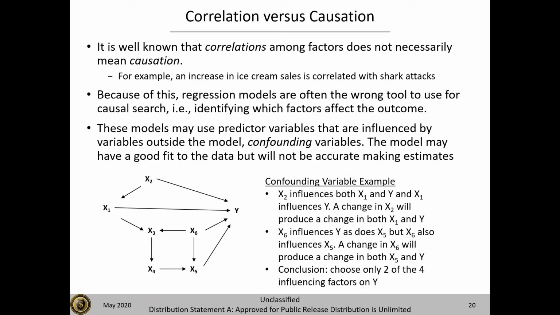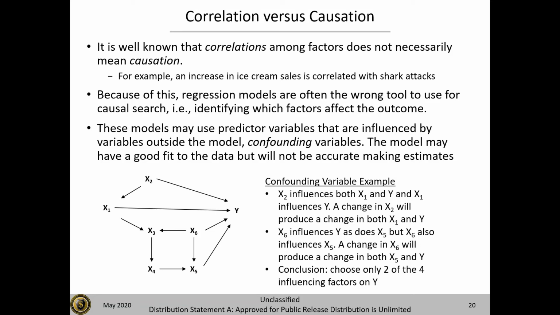Factor x2 has a causative relationship with both x1 and with y. So if we use both of those factors, x2 is double counted, if you will, because it not only has an impact by itself, but it also brings in the impact on x1. So we're double counting. So that might be a confounding variable.